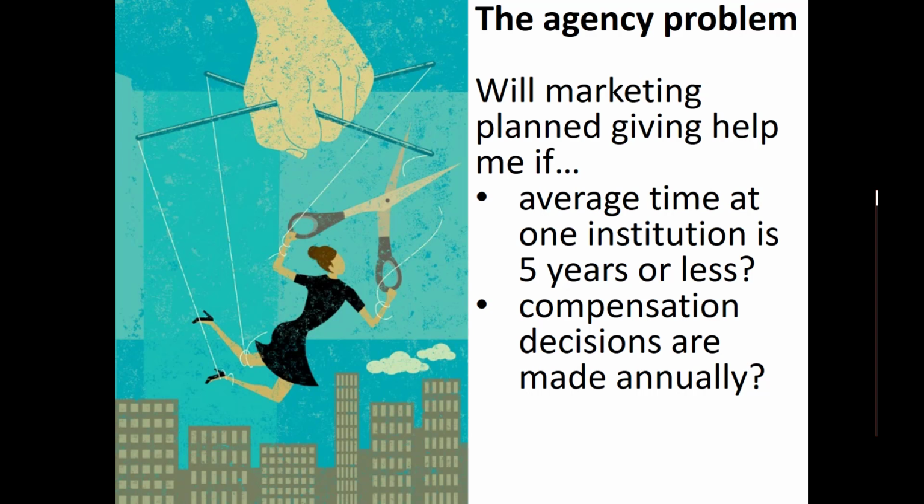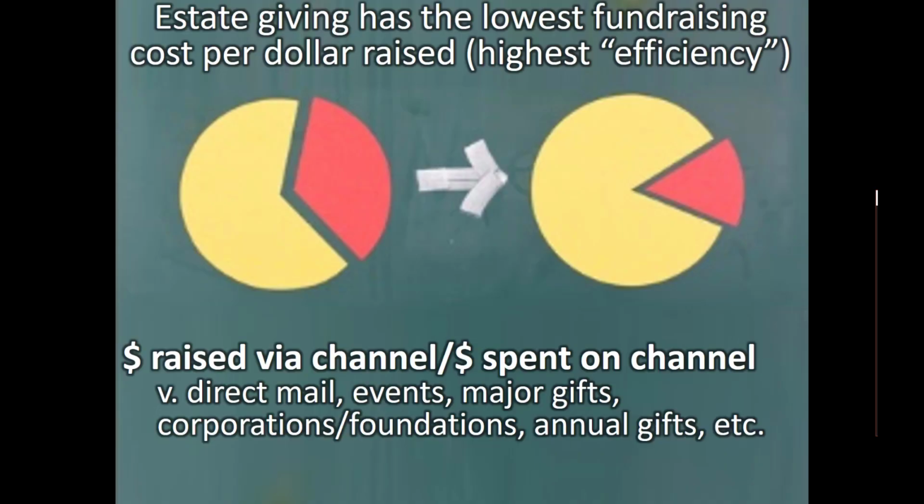Now, it's perhaps not quite as bad if we're talking about irrevocable planned giving instruments, because those are counted on the books immediately and perhaps can claim some immediate credit for those. So you see, fundamentally, when we go back to this issue of why do we keep seeing this persistent difference here, that if we've got the highest efficiency in one particular type of fundraising, but we don't see increased investment in that fundraising to represent the reality that it is the highest efficiency.